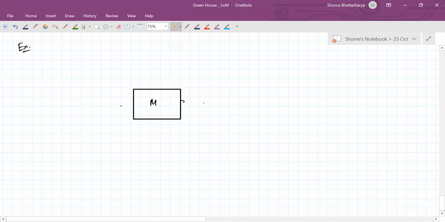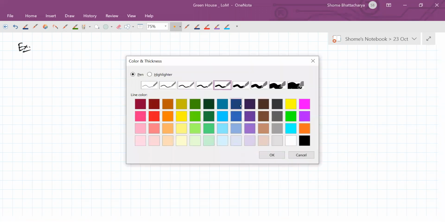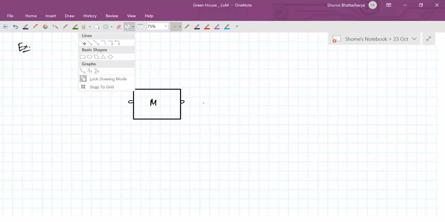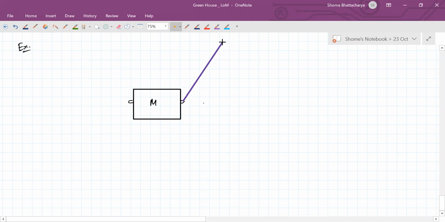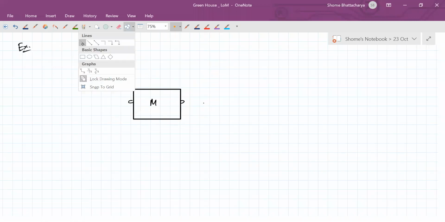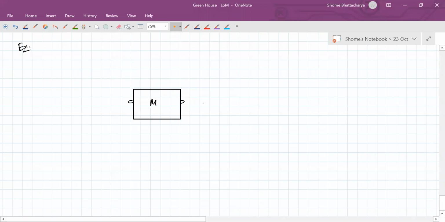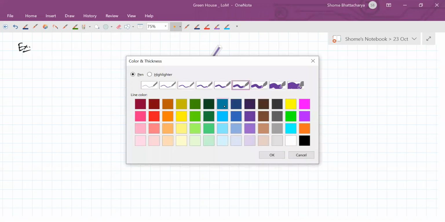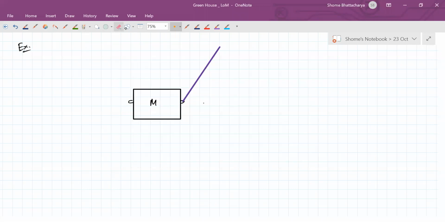Now we have kept this suspended by a combination of two ropes or two threads, let's say like this, where one is attached to one side and the other is attached to the other side, but at different angles.